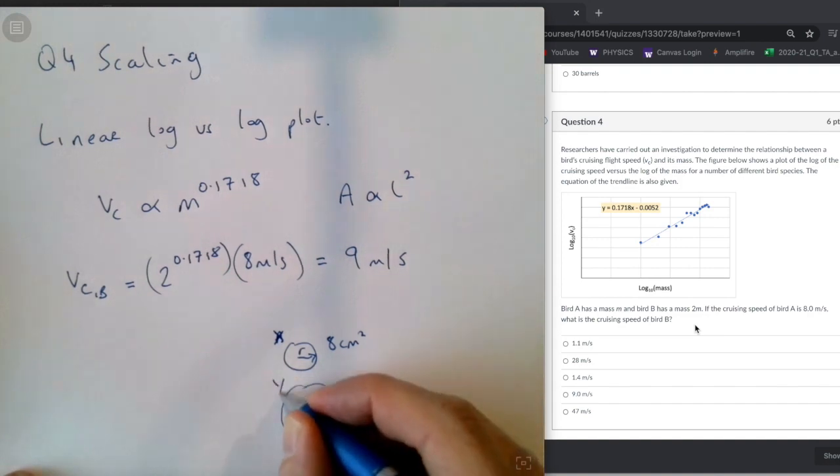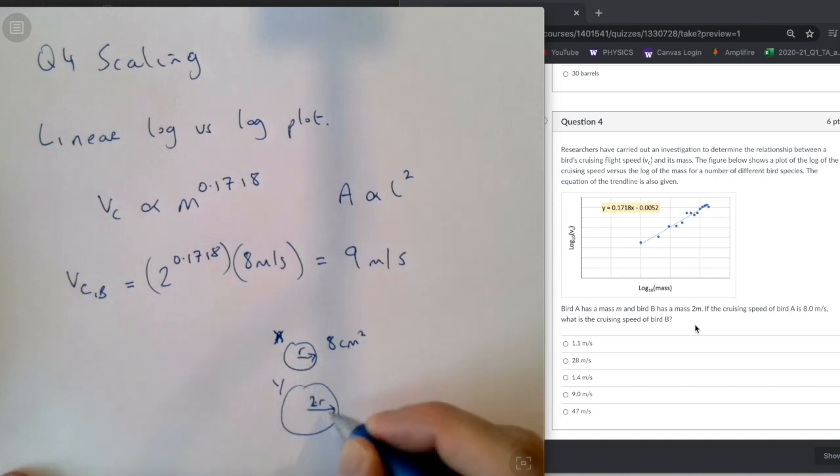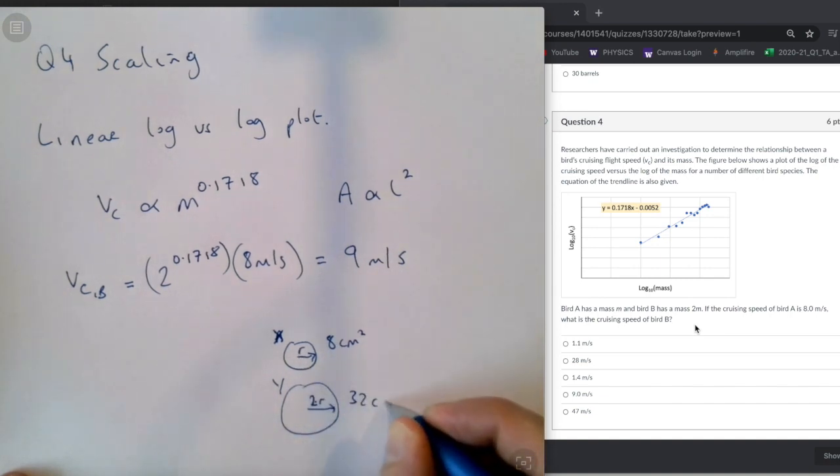What is the area of circle y, which has a radius of 2r? You can think about the steps you would go through. You know that area scales as r squared, so the factor by which I change the radius is the factor by which the area changes. So this area would be 4 times the area of circle x. So 4 times 8 would be 32 centimeters squared.